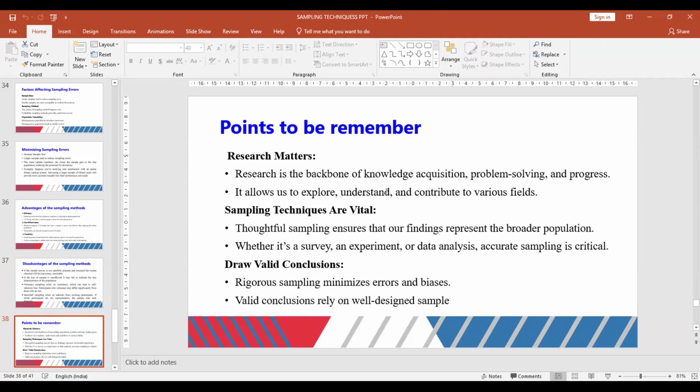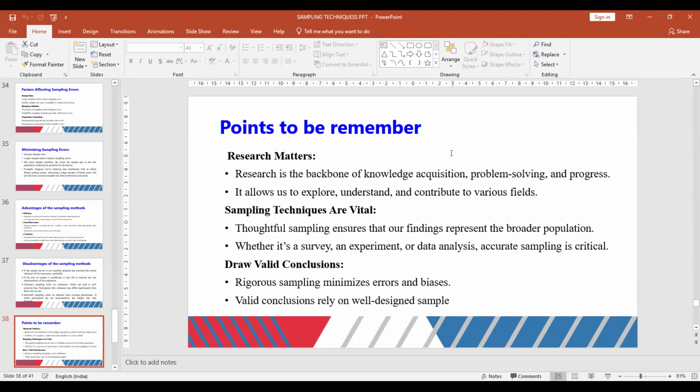Research is the backbone of knowledge acquisition, knowledge for problem solving, and, as I said, the progress and prosperity of society. It allows us to explore, understand, and contribute to various fields. So we should remember these points whenever we go to a study.